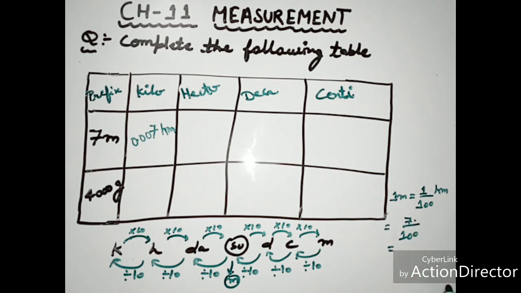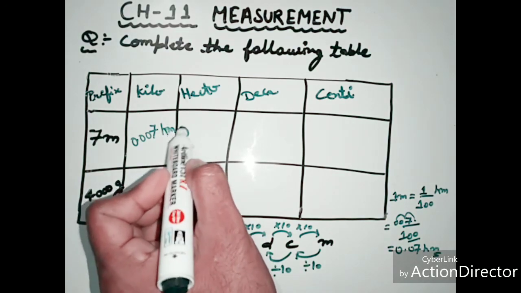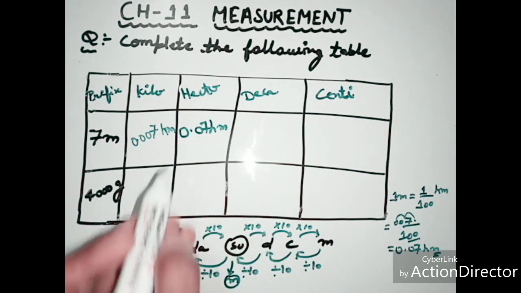Decimal place is here, last end of the number, and here we increase zeros and we move decimal 2 places to left hand side, 1, 2, and we write 0.07 hectometer. So here we write 0.07 hectometer.